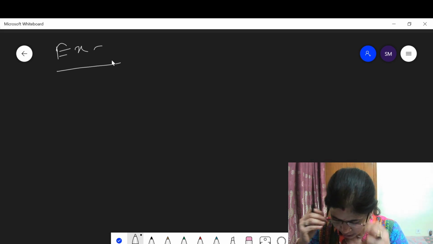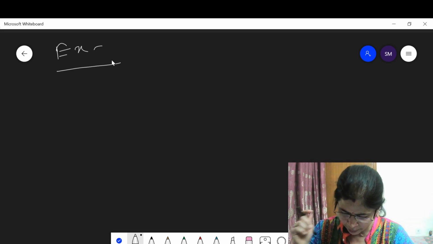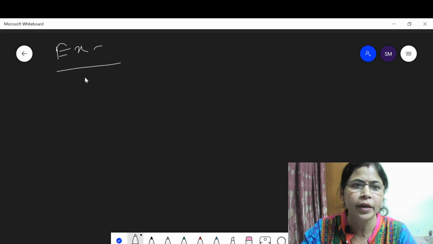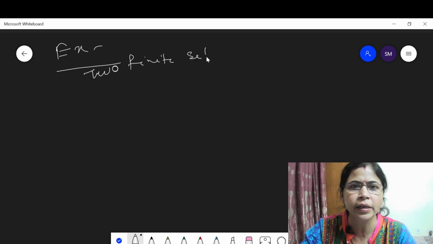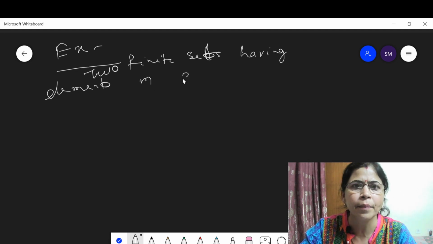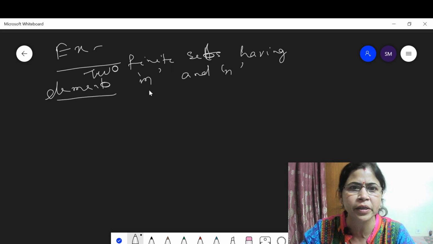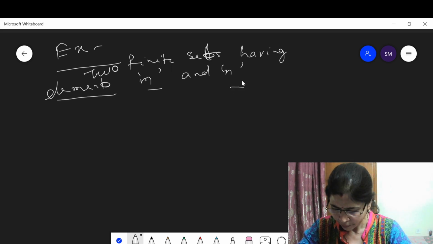Here, the question says two finite sets having m and n elements present in them.